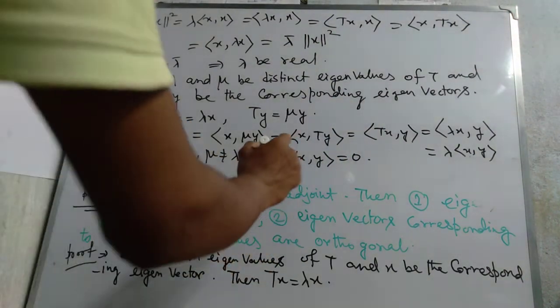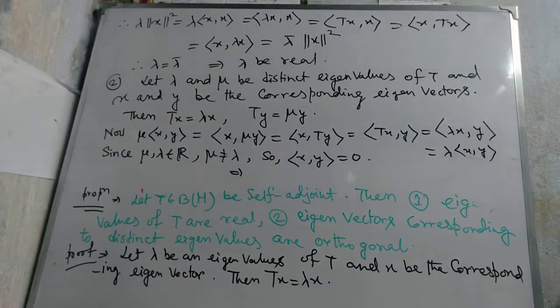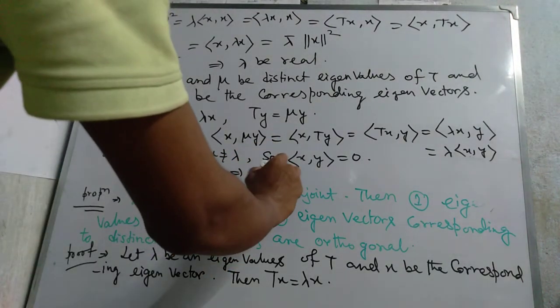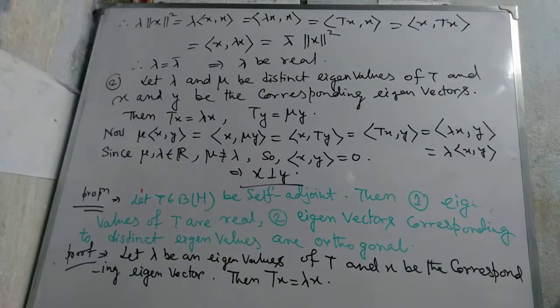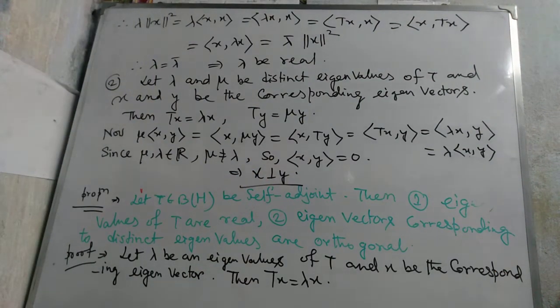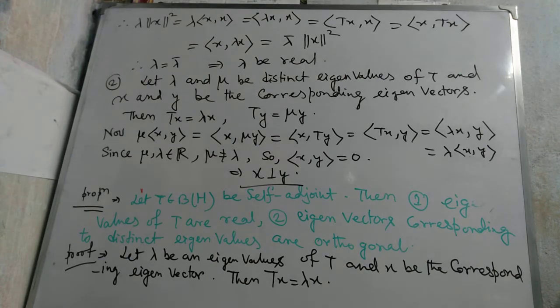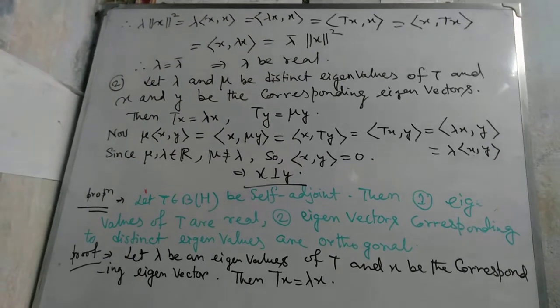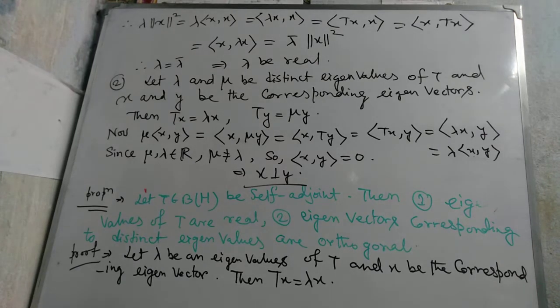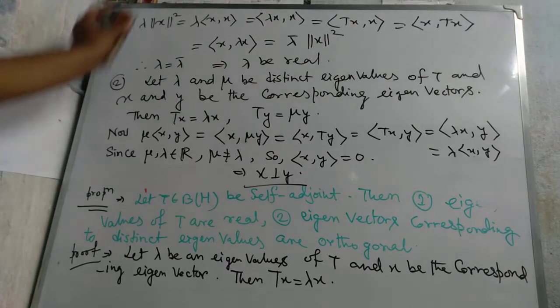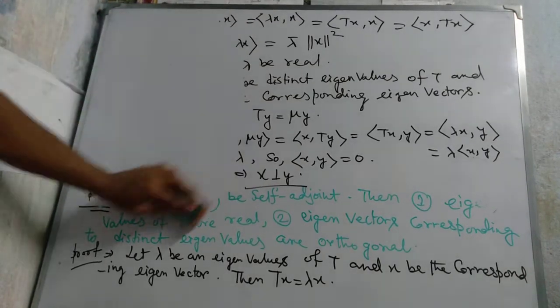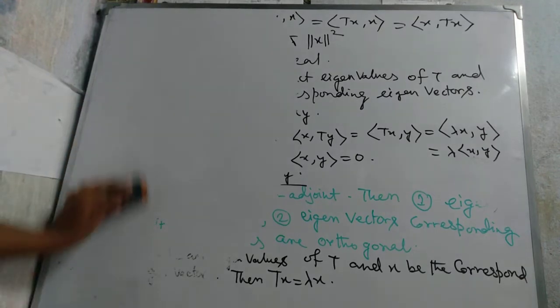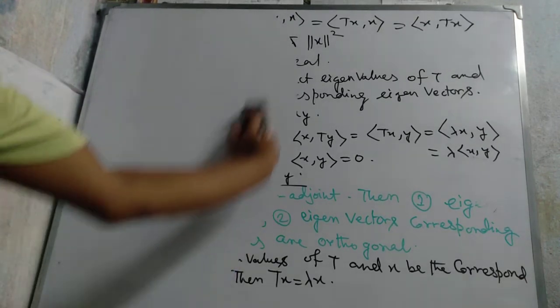This implies that x is perpendicular to y. So we have proved this theorem: eigenvalues of T are real and eigenvectors corresponding to distinct eigenvalues are orthogonal. We also erase this portion, and now go to another proposition.